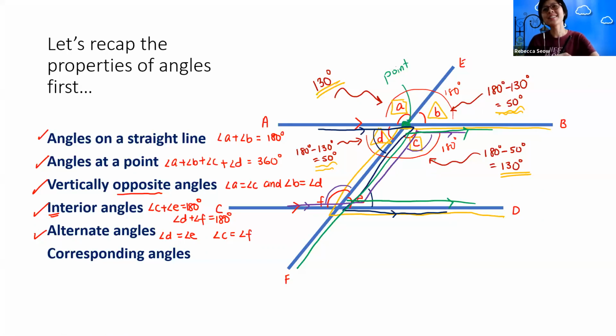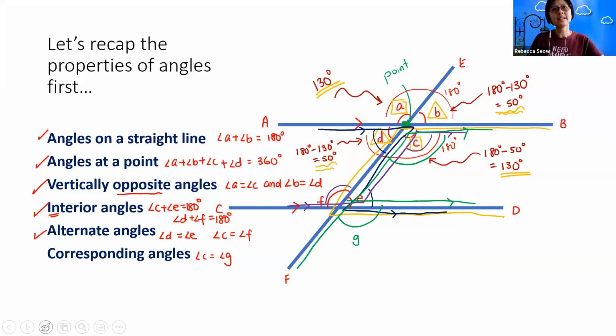Now, you realize that there are two angles over here and here. Let me assign the one at the bottom as angle G. Now, they are actually the same. So angle C is actually equal to angle G.